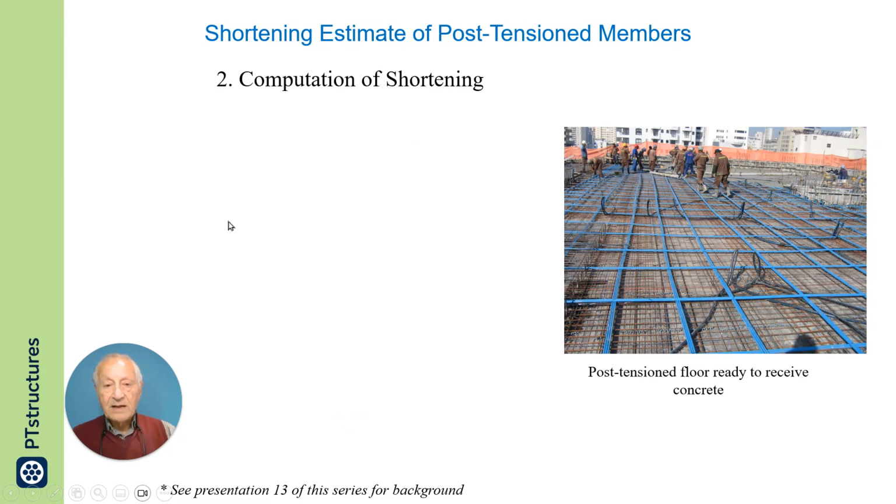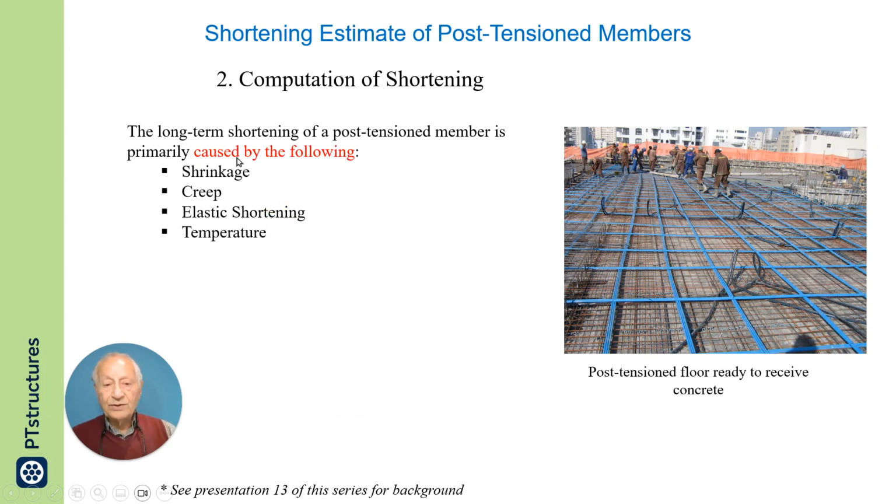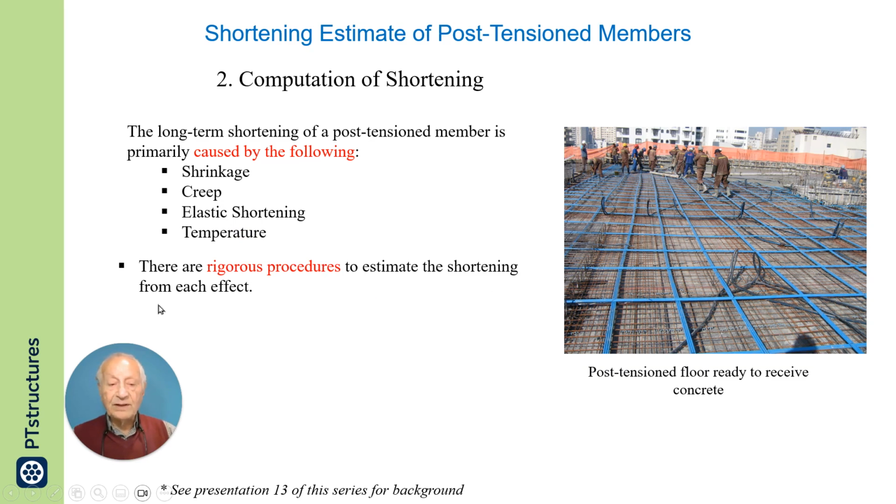Now, coming to computation, shortening is caused by shrinkage, creep, elastic shortening, and temperature. There are rigorous procedures to estimate the shortening from each effect. ACI has a special publication.